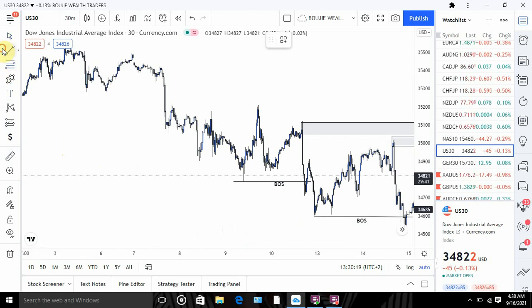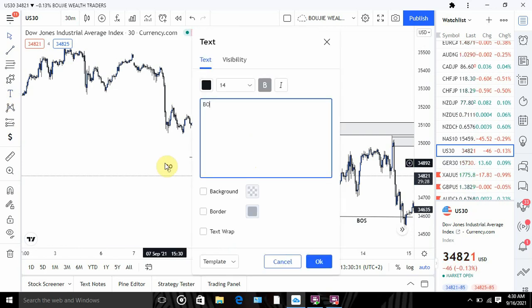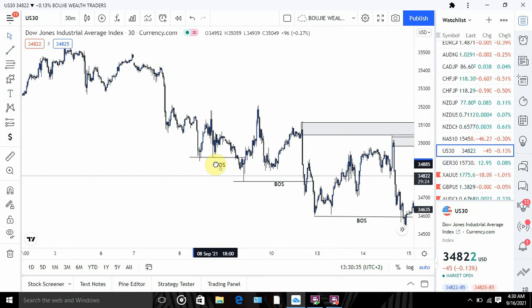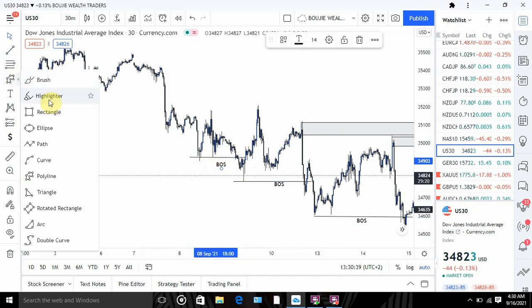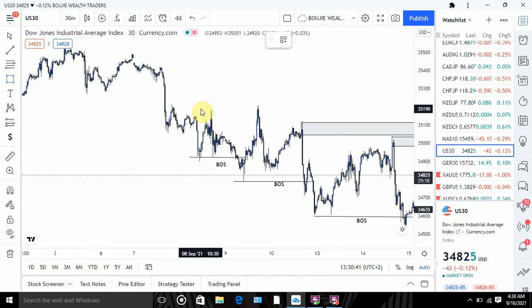If you can check in here again, this is the break of structure. We just broke this low here to create this new low. And then where is our point of interest? Here is our point of interest that we just respected.